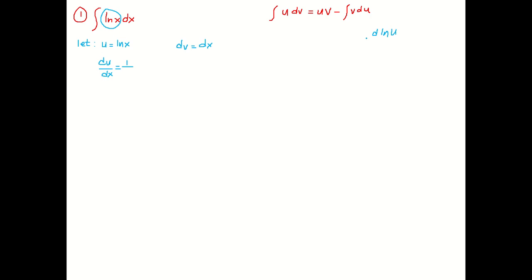The derivative of ln u is equal to 1 over u times the derivative of u with respect to x.